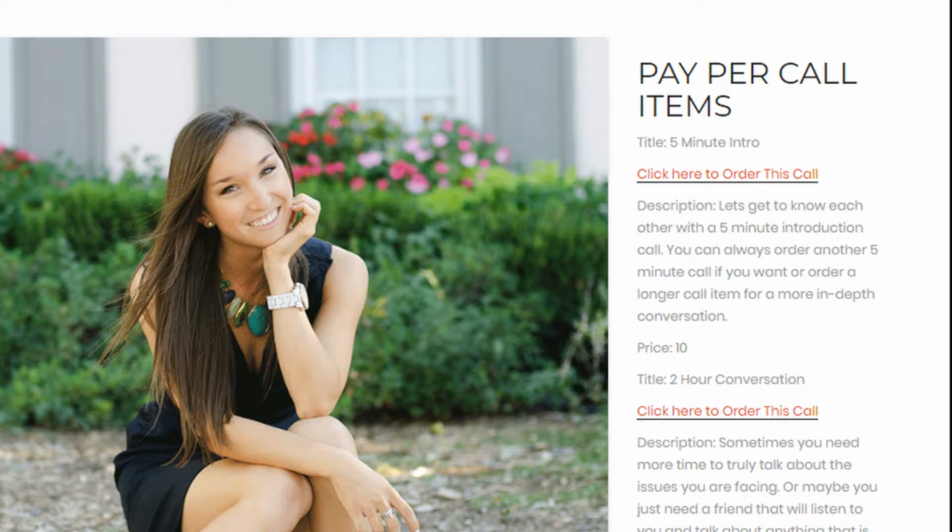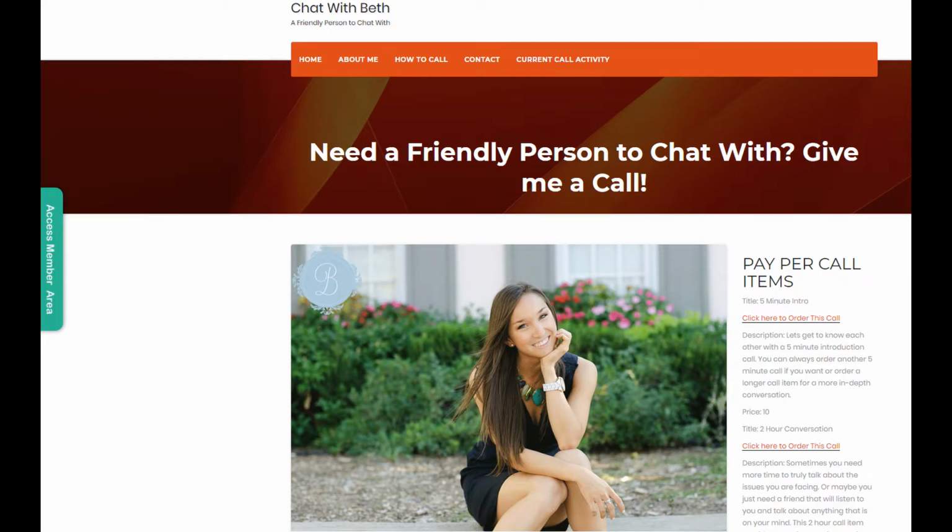Now, we designed the system to be as easy to use as possible. If I was a customer going to your website, I would view your pay-per-call items and click on a link to order the call item, and from your perspective you would receive a phone call. This would be an automated phone call asking if you're available to accept the call.